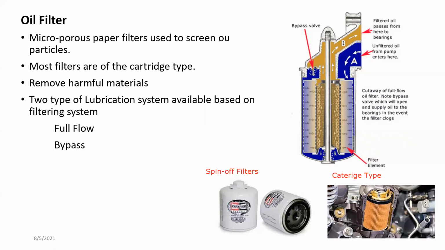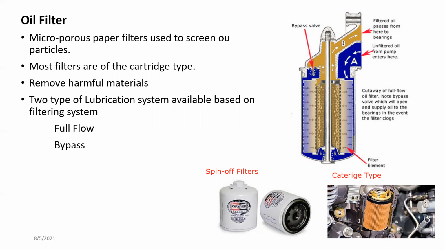Unfortunately, this image is not clear enough. There's a small hole here, and once this is open, this cup will open. The whole filter will not open, only a cup. There will be a small opening, and from that you can take out the cartridge itself. This cartridge type is mostly used in German and European vehicles, but now Japanese manufacturers are also moving towards this type.